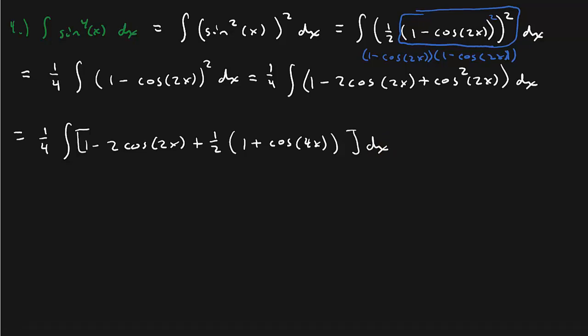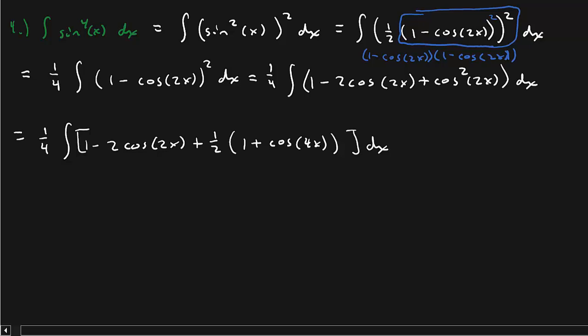So how in the world did I get that? Well, let's look. Remember, cosine squared x is equal to 1/2 times 1 plus cosine 2x. That's the half angle identity for cosine. So you see the angle here, x?